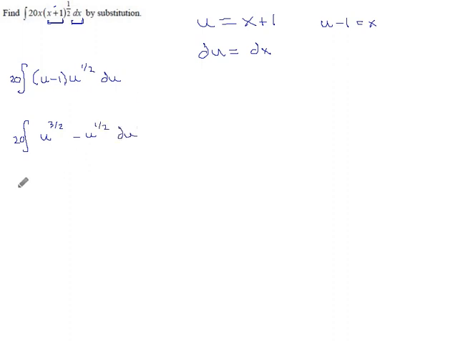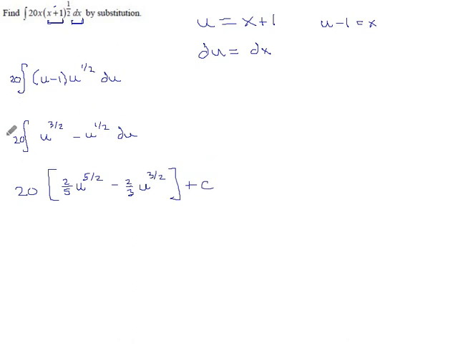And now the power rule can help. We get 20 times, let's see, increase this power by 1, divide by the new power, minus, increase that power by 1, divide by the new power, meaning multiply by its reciprocal, and then we have a constant.